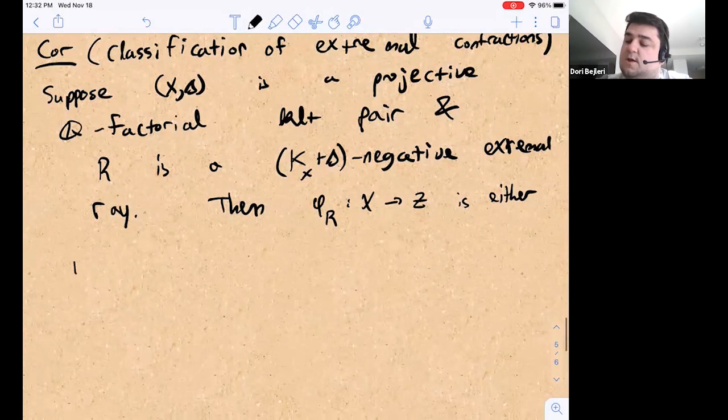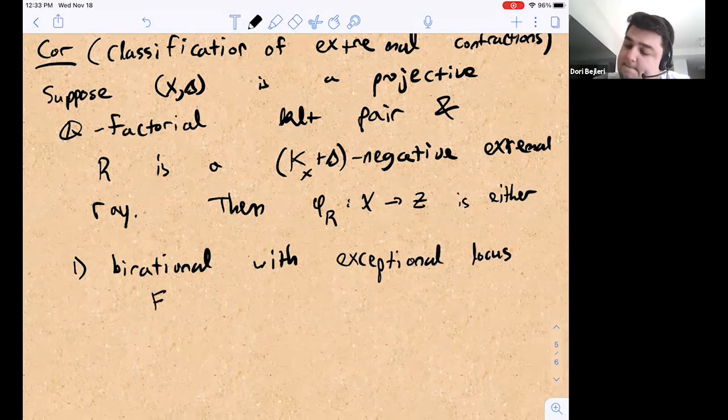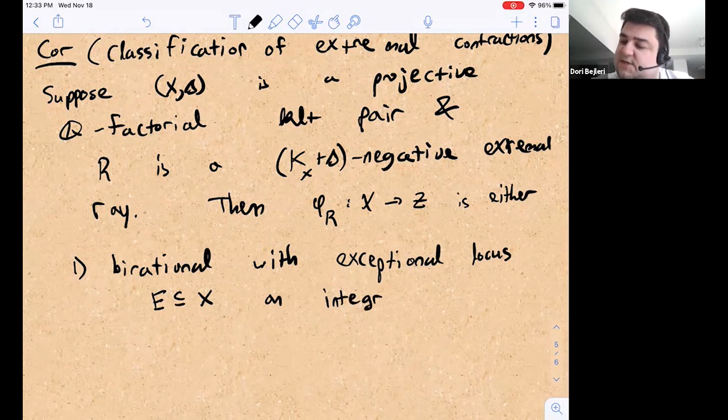Either one, it's birational with exceptional divisor E being irreducible, or with exceptional locus being a pure irreducible divisor. I'll just say irreducible, because we're really taking the reduced exceptional locus.